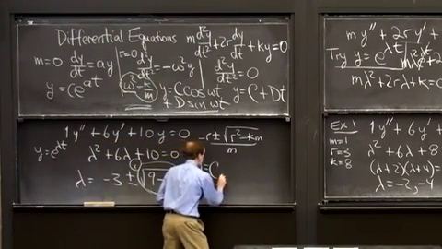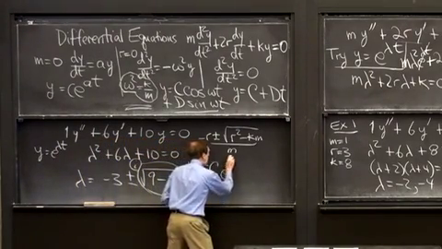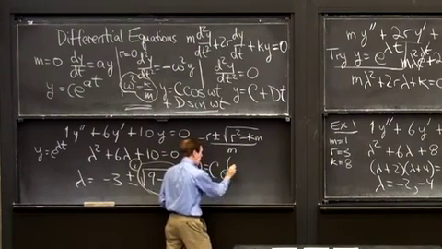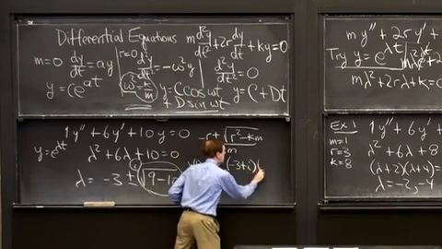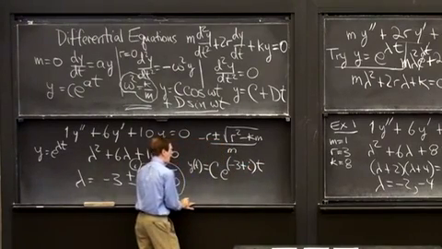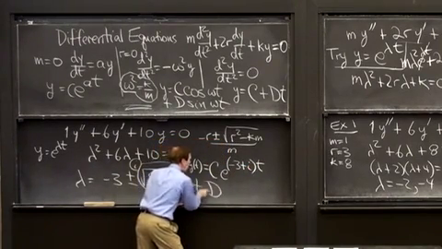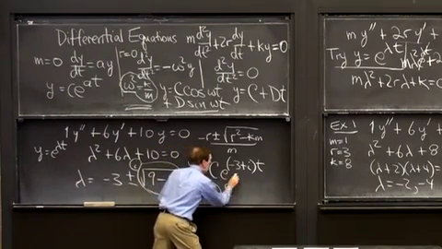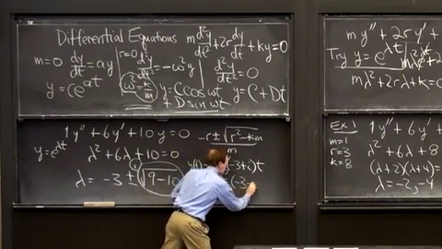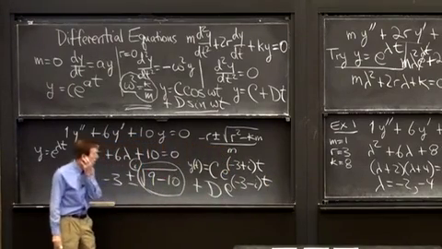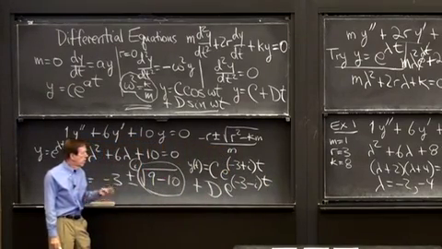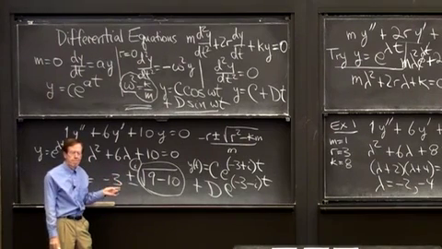So I have any multiple c, and the lambda here is minus 3 plus i, e to the (minus 3 plus i)t. And the second solution is e to the (minus 3 minus i)t. I found the general solution.